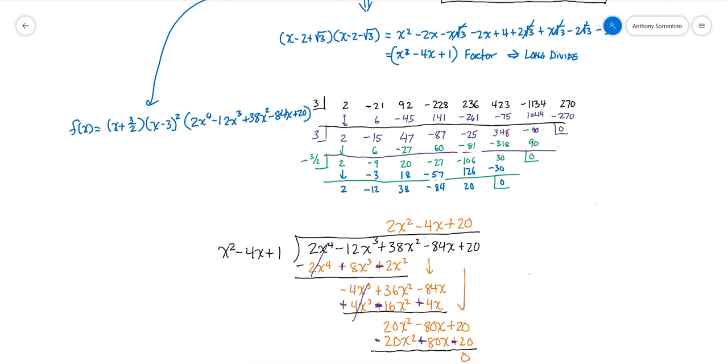So now I can rewrite f of x. I still have the x plus 3 halves, the x minus 3 squared. Scooch this over a little bit.